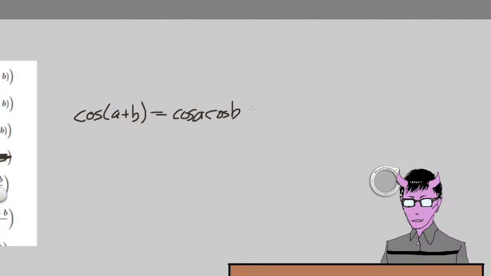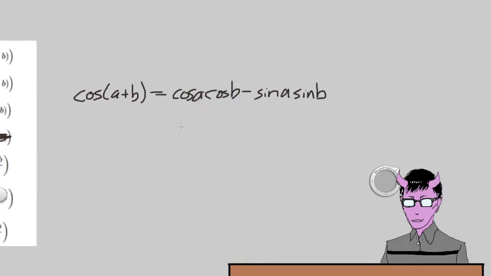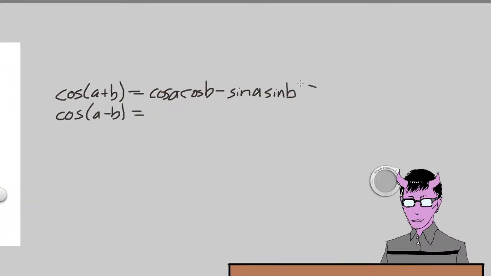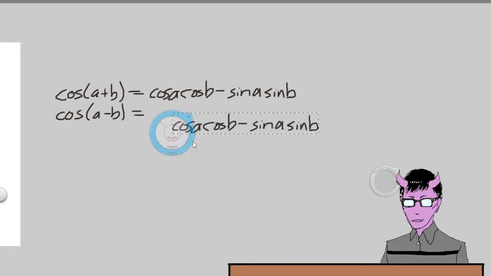And then we don't keep the same sign, so it'll be minus and then sine a sine b. So there we go. And if you have the cosine with the negative inside, we're pretty much doing the exact same thing, except this one will be plus. Just copy paste.